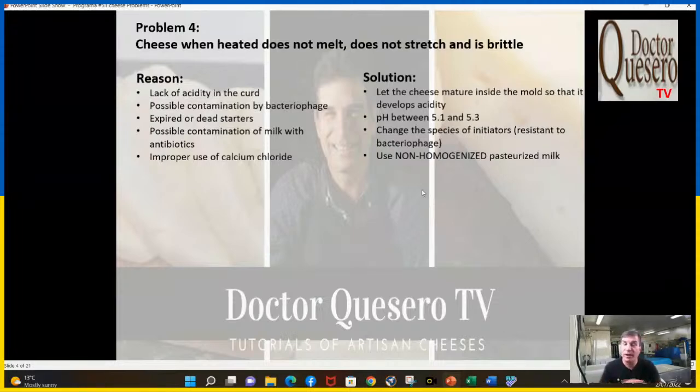Other types of milk, forget about it. You won't get it. Okay, so don't try to reinvent the wheel, because this is explained in the books. So don't try to make cheeses with homogenized milk. I mean, don't try to make stretchy cheeses with homogenized milk. Okay.